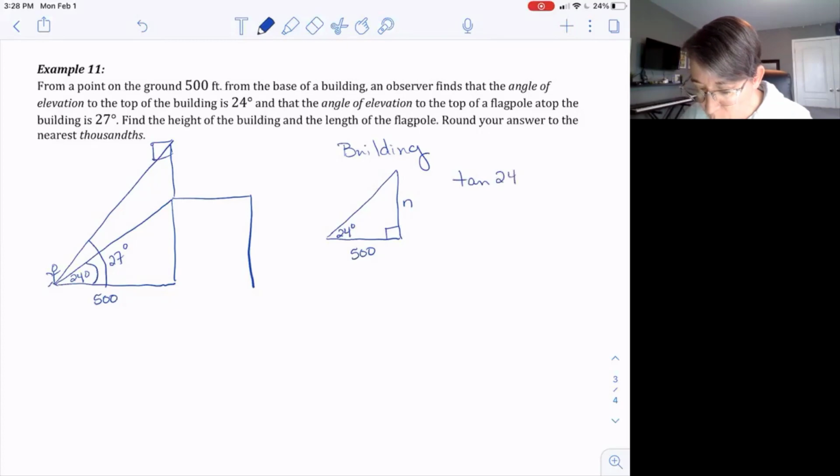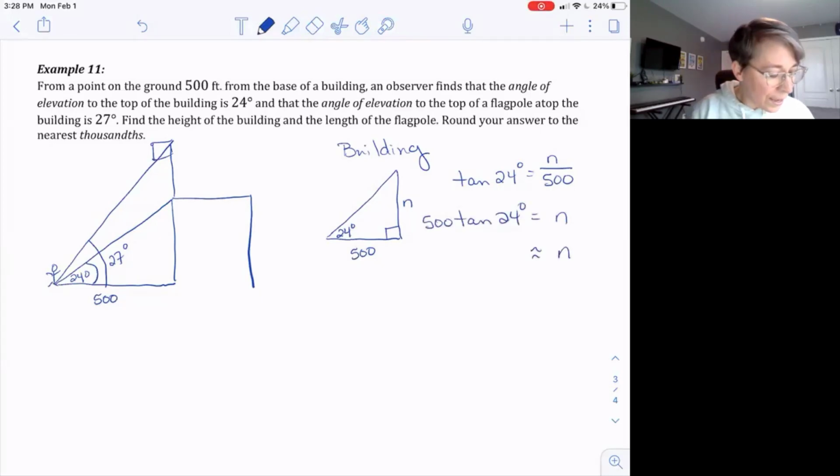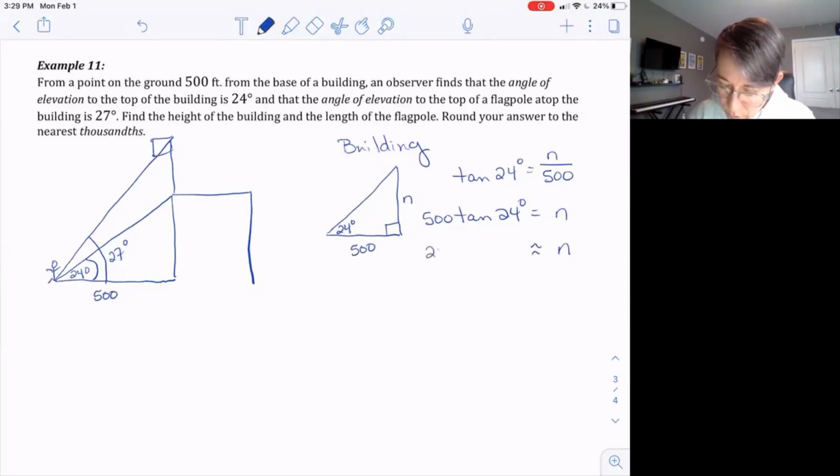The tangent of 24 degrees is the opposite over the adjacent. So n is 500 times the tangent of 24 degrees. So the height of the building is approximately 222.614 feet. And it said round to thousandths, so that's 3 decimal places.